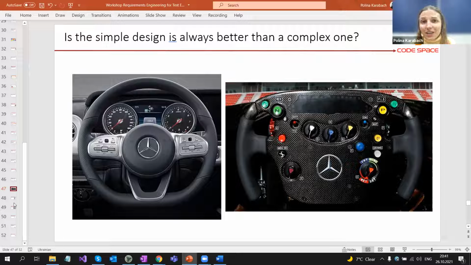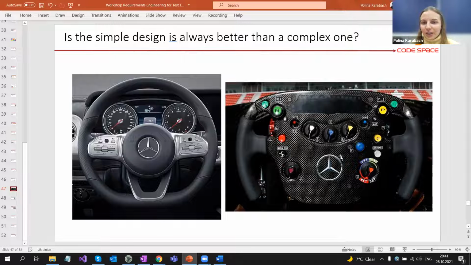And both answers are actually correct. It depends for whom, right? Because for a regular driver that is not a Formula One racer, the right one will probably be complicated. But for Formula One drivers, it's clear, more ergonomic, and very customized so that you don't need to look anywhere outside. You just have it underneath your fingertips.